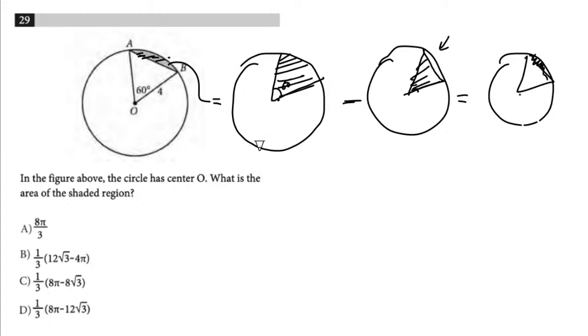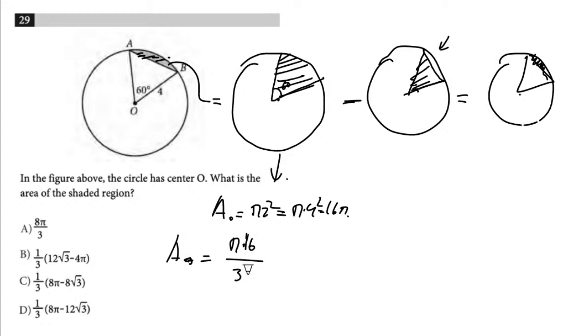So let's do this first. To find the area of the segment, we need to find the area of the circle. So the area of the circle equals pi r squared. Here is pi. What is our r? R is 4 squared, so we have 16 pi. How do we find the area of the sector? It equals pi multiplied by 16, our area of the circle, divided by 360 degrees and multiplied by the angle we have.